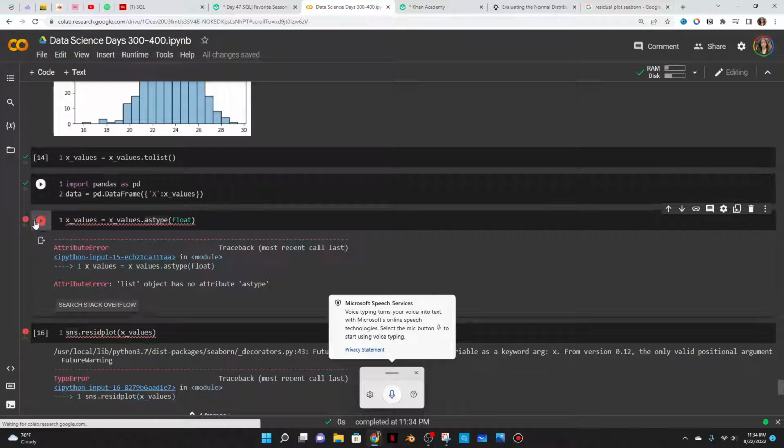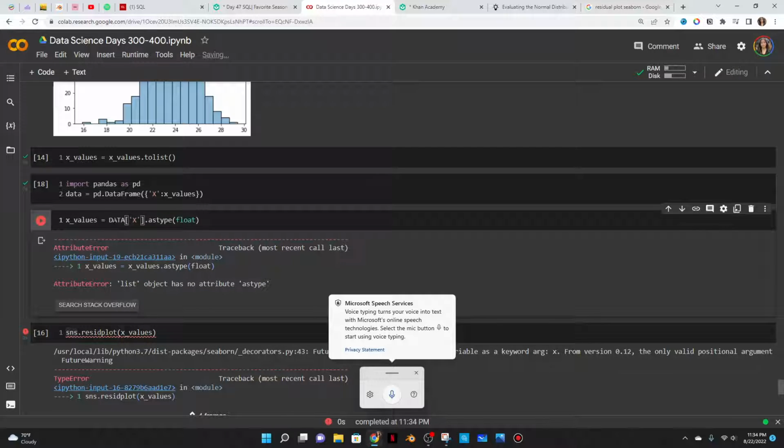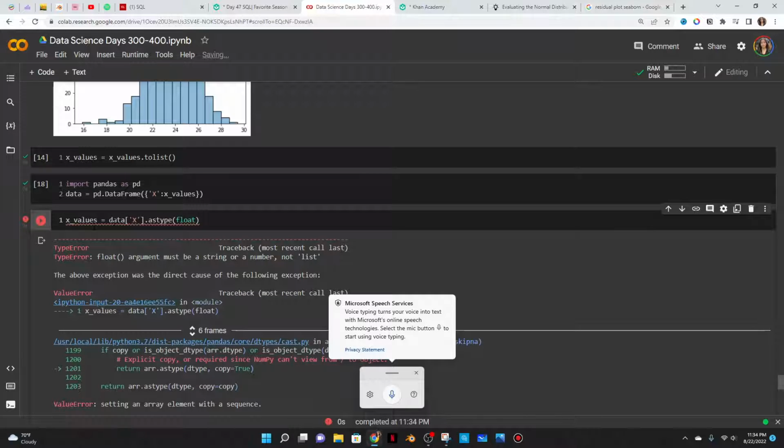All right. Let's see. List object has no attribute, blah, blah, blah. So it's going to end up being x. It's not data, it's data x, lowercase. And now it's going to be data x equal to data x.